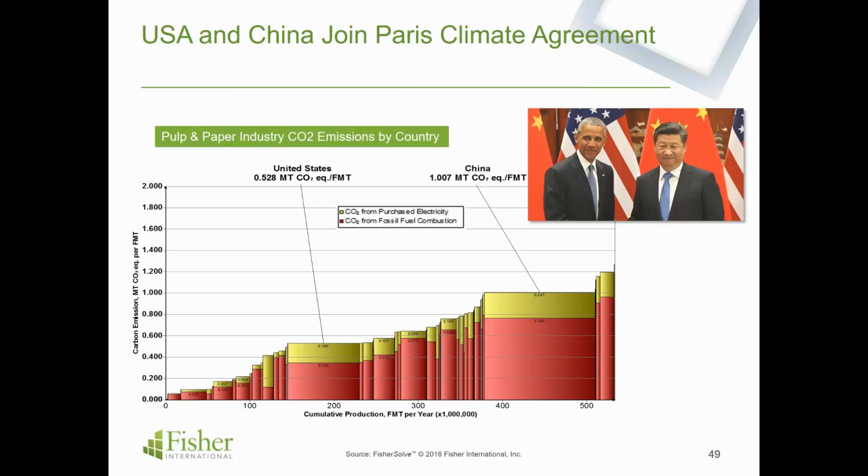And finally, the US and China joined the Paris Climate Agreement, and here I have a comparison in this graph of how much they are emitting in the paper industry at country level.